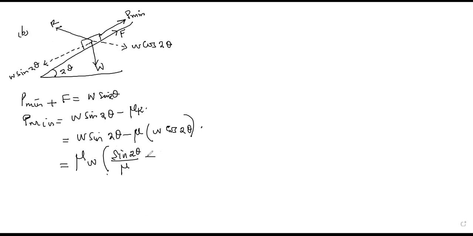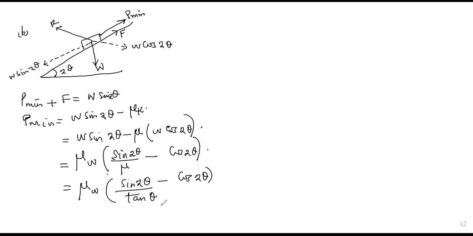Then minus mu W is already out, so minus cos 2 theta. So this is going to be mu W into sine 2 theta, but remember mu, we saw that it's the same as tan theta, then minus cos 2 theta.